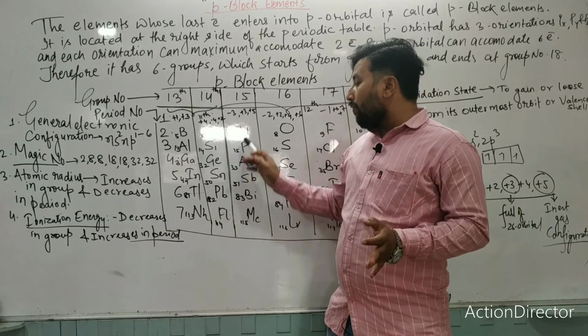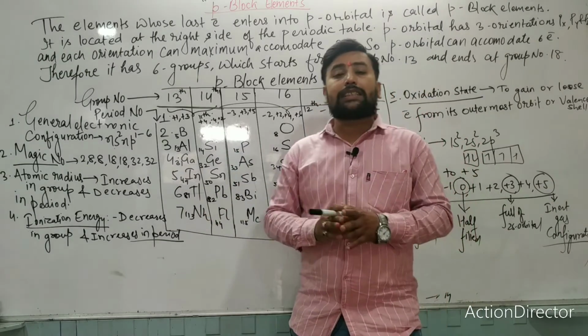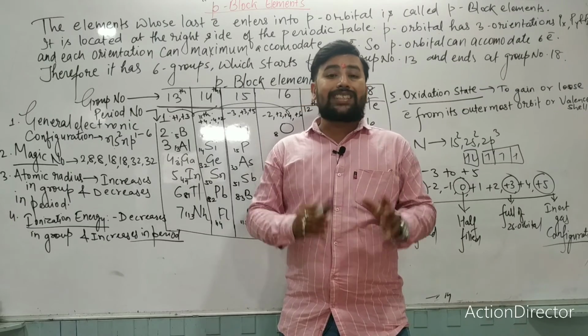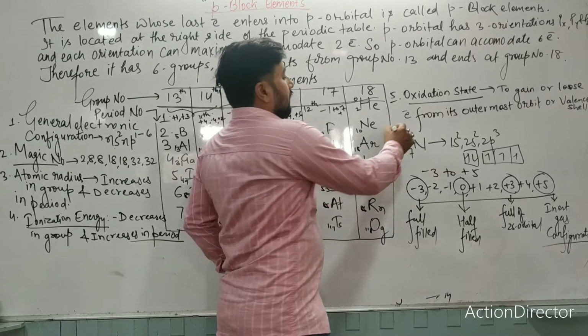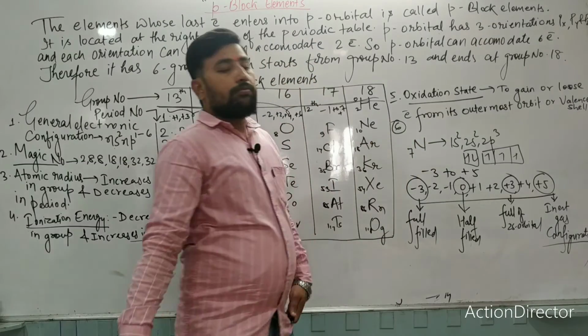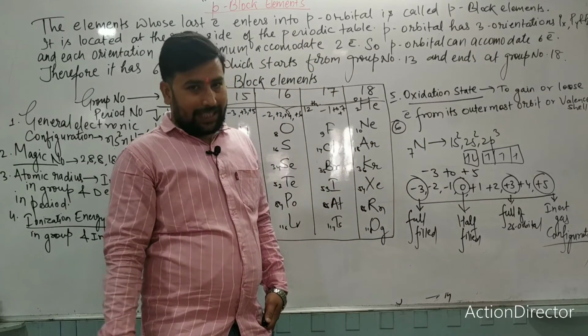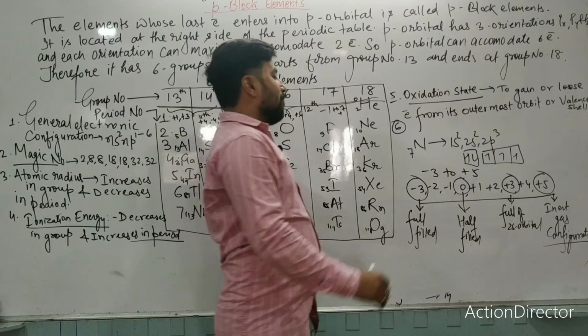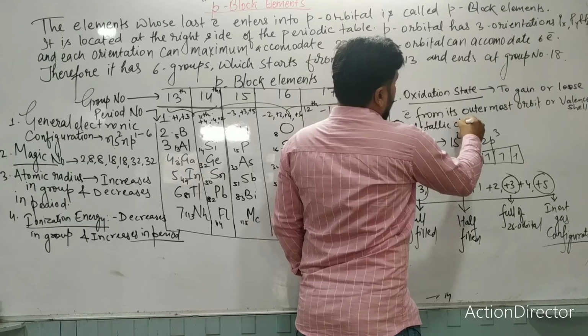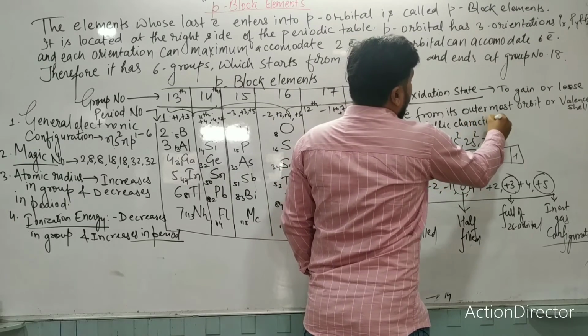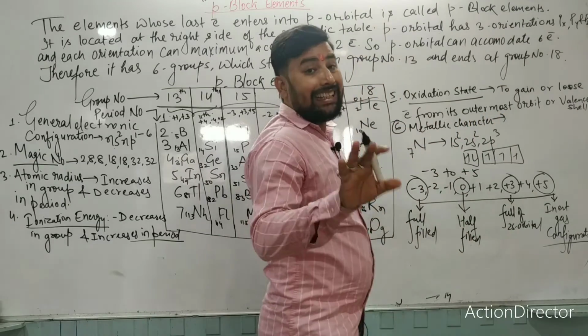So here you have to remember from nitrogen to bismuth its electronic configuration, oxidation state, and one more thing, the most important thing, the sixth property, which is metallic and non-metallic character. Metallic character increases down the group and decreases across the period.